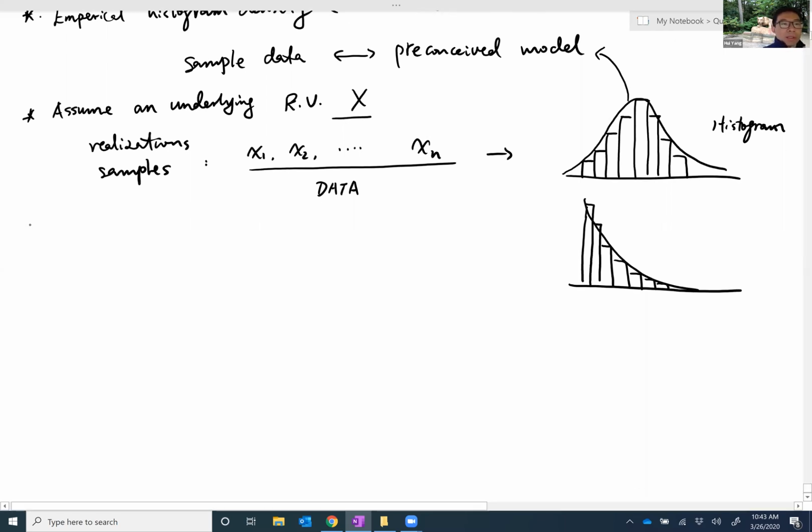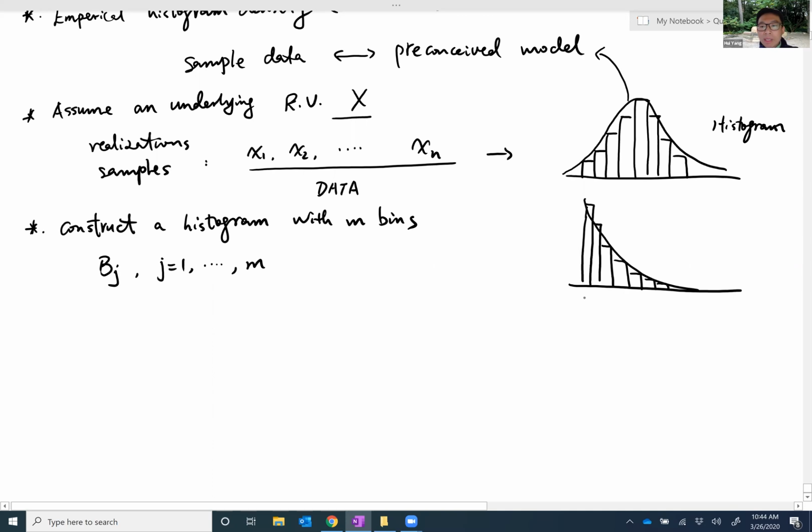Now, if we have the data, the first step will be to construct a histogram with m bins. Okay, so the bins will be Bj, with j equals 1 to m.